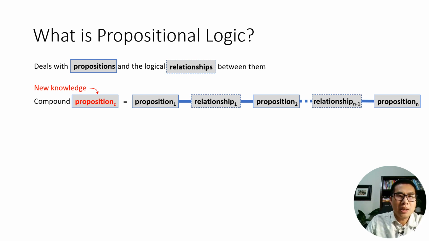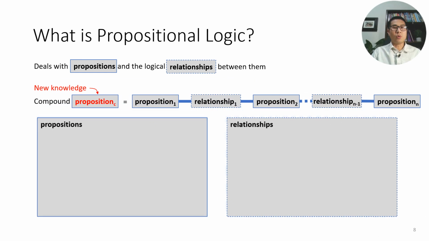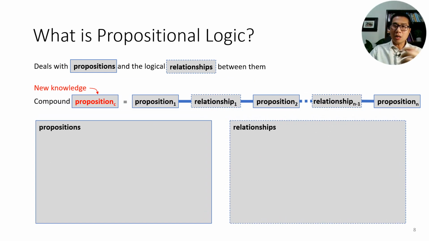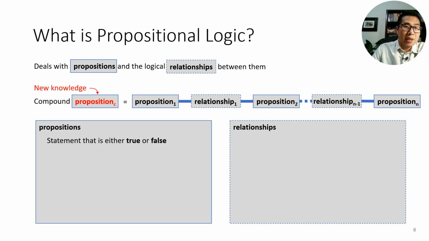Next, you may have a question: what is a proposition? We already said it quickly. A proposition is a statement that is either true or false. So it's similar to one bit, which can only be on or off, true or false.